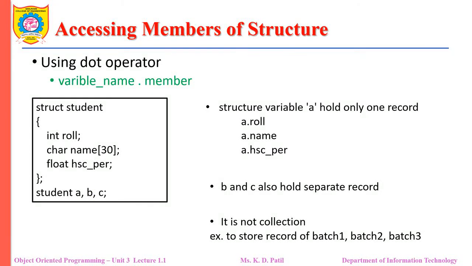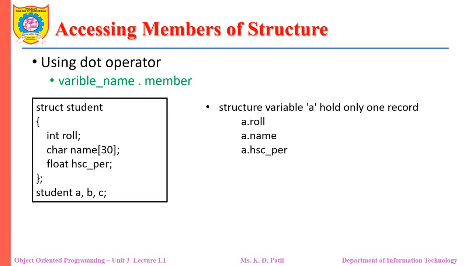Now here, if you observe the way I have created the structure variables, I have not used the struct keyword. In C++, it is allowed not to use the struct keyword. I can simply write the name of a structure followed by the variable's name.